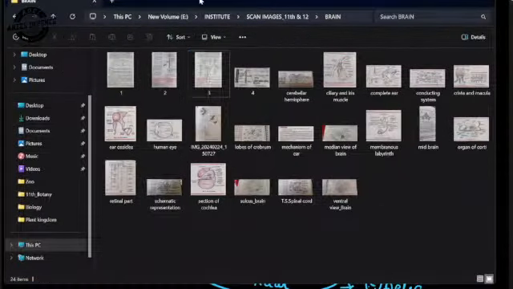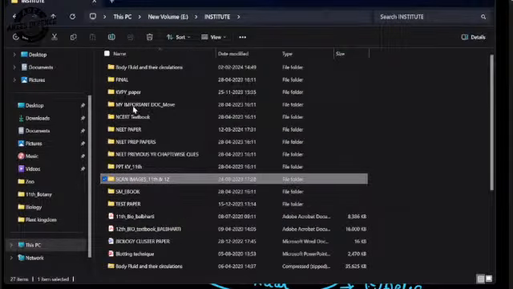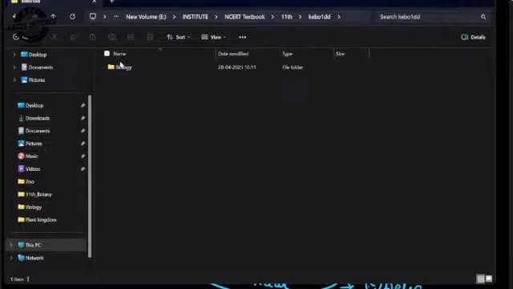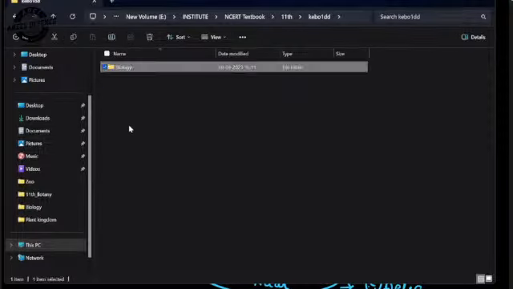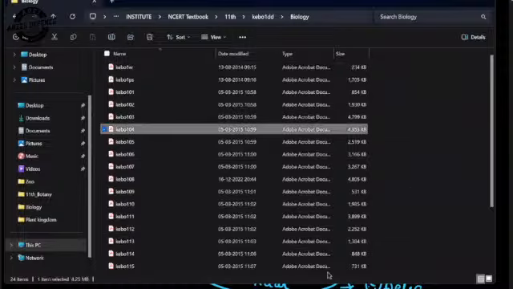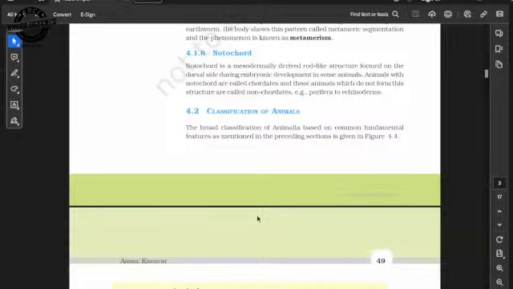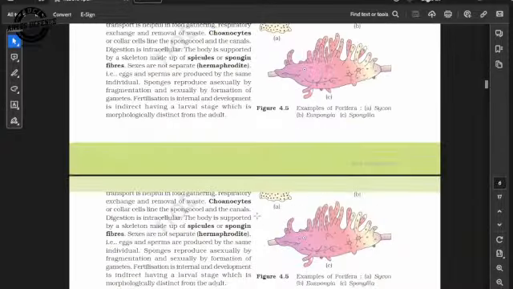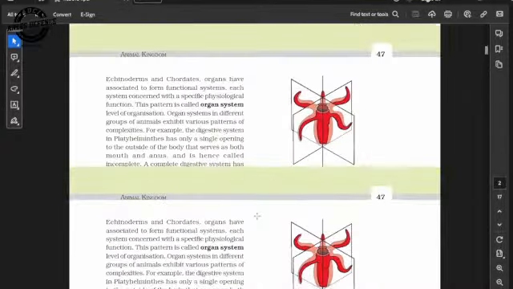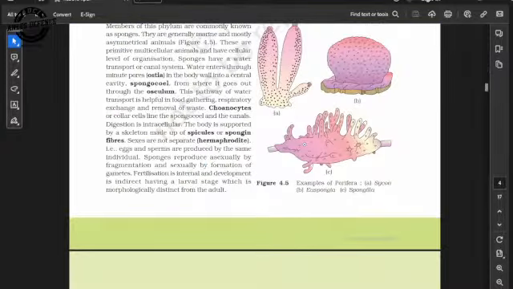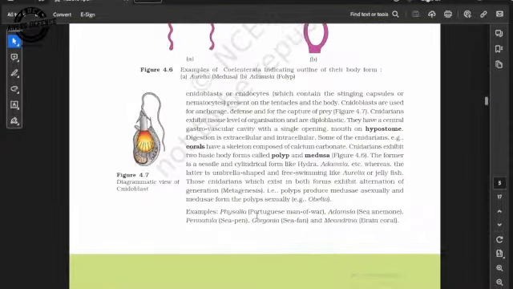The poison-filled capsule is the nematocyst. Okay, please see the structure.